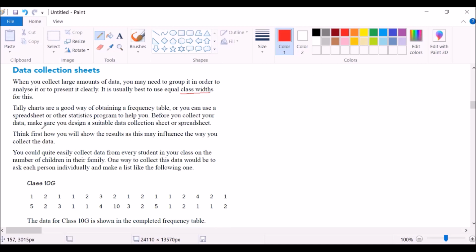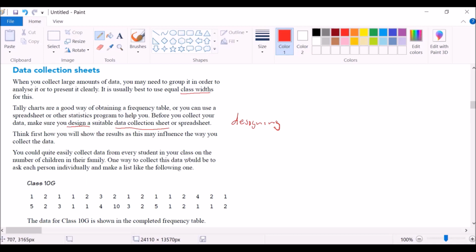Before collecting data, make sure you design a suitable data collection sheet or spreadsheet. Think first how you will show the results, as this influences the way you collect data. So designing data collection sheets is important. You could quite easily collect data from every student in your class on the number of children in their family.